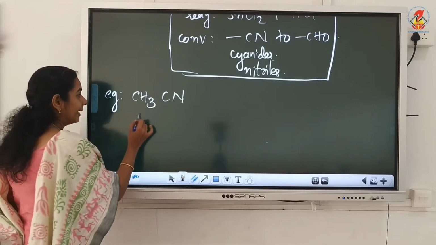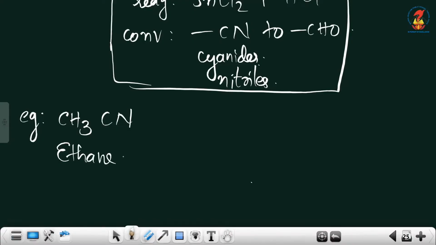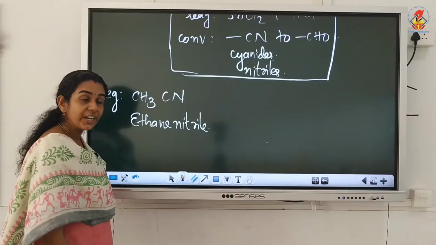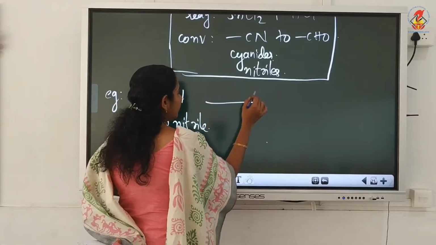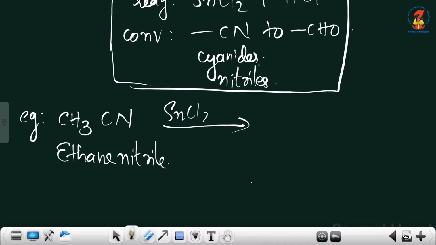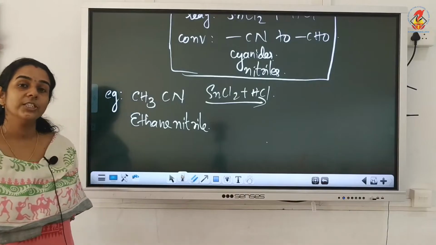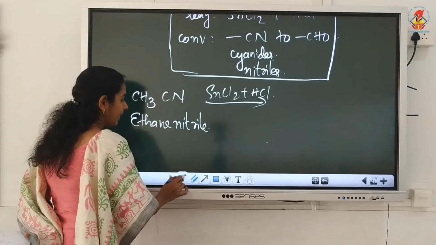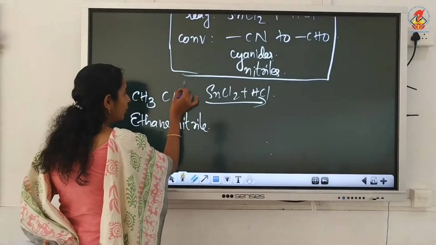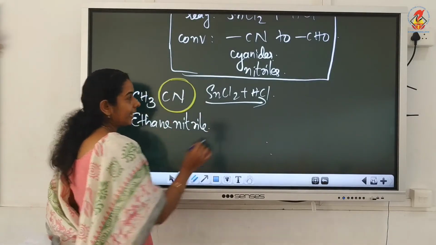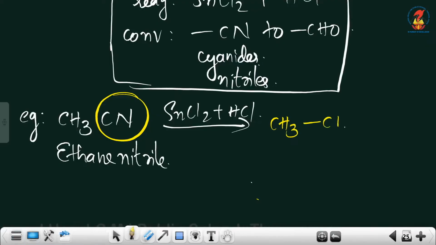So it is ethane nitrile. On reaction with, suppose the reagent above the arrow is stannous chloride and HCl, we know what the reaction taking place is. CN will be converted to, circle CN, and it will be converted to CHO. So the product will be CH3CHO.